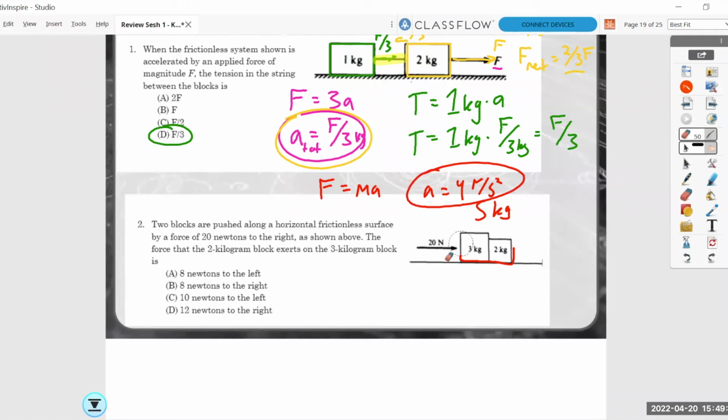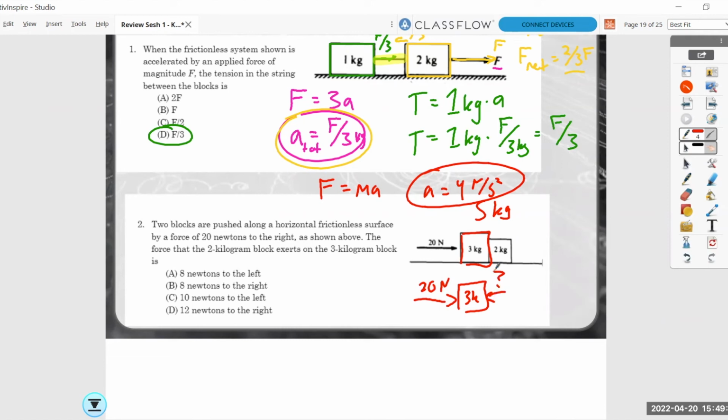Now, let's open up the box. We know how much it's accelerating. And now it's asking for the force that the 2 kilogram block exerts on the 3 kilogram block. Well, we have to be a little clever here. My 3 kilogram block has a 20 Newton force this way and some unknown force this way.